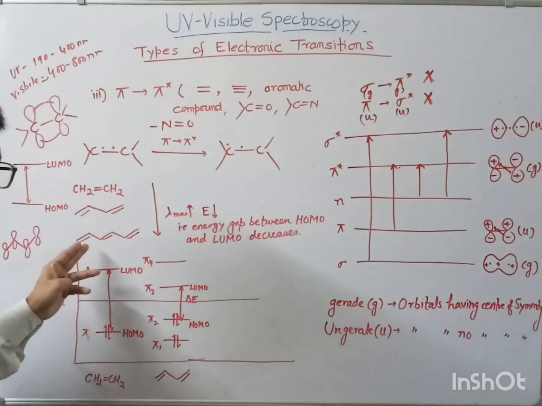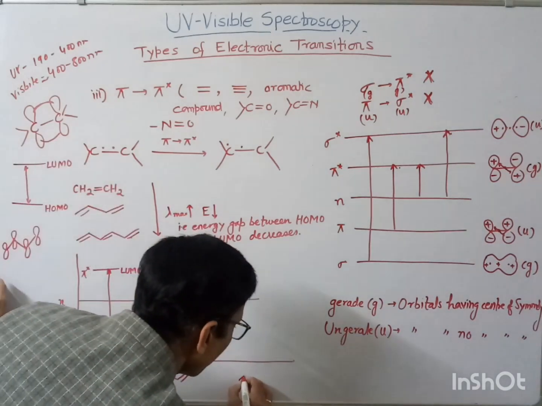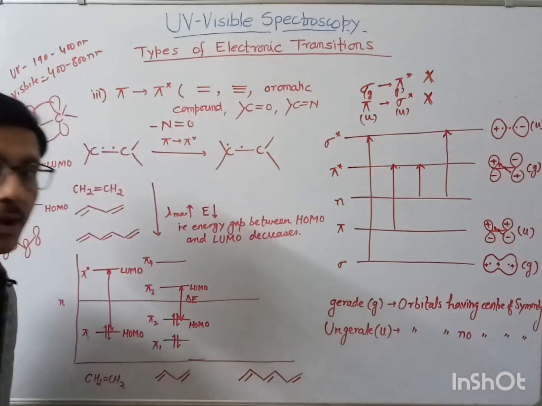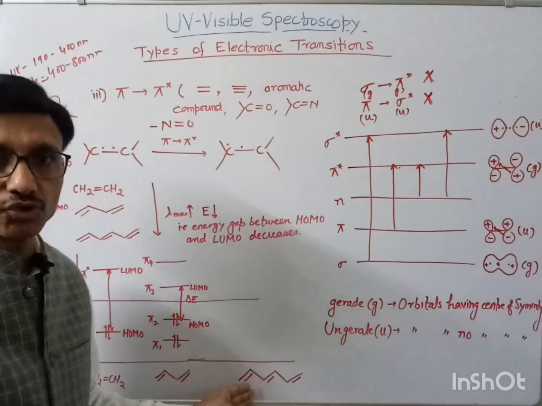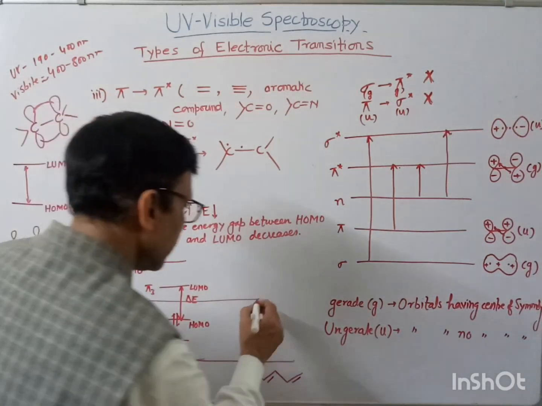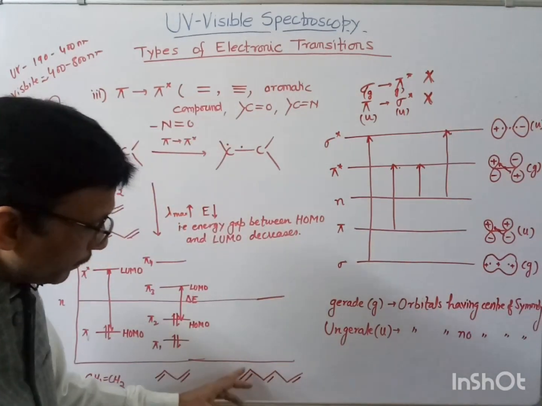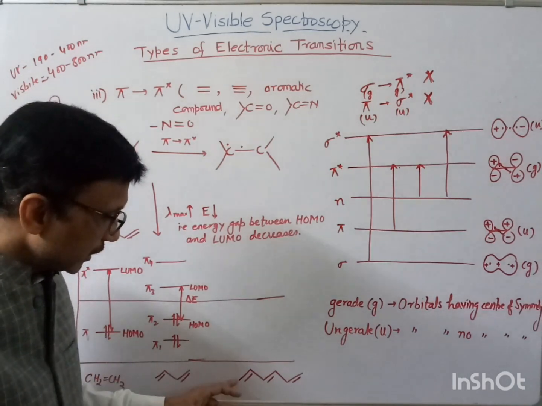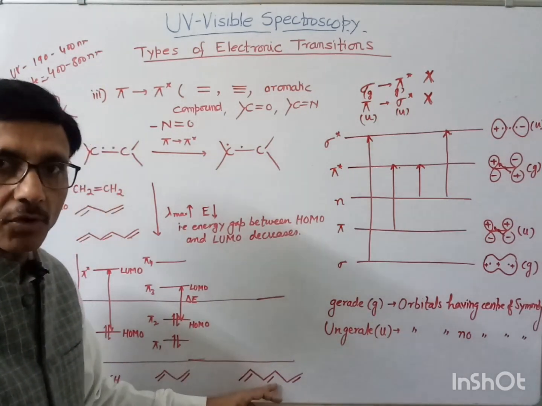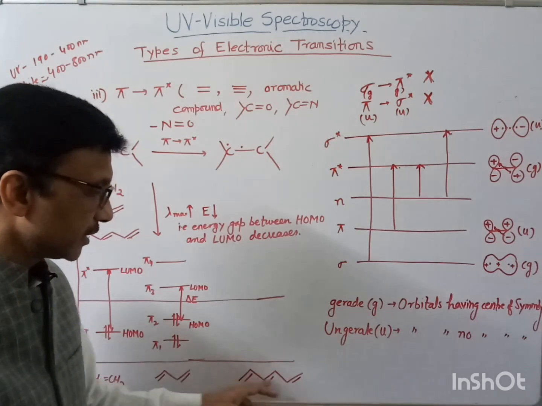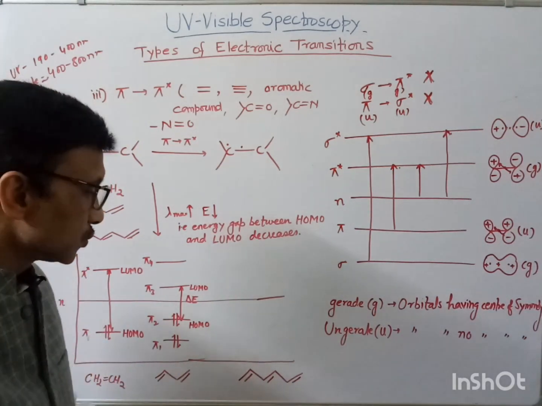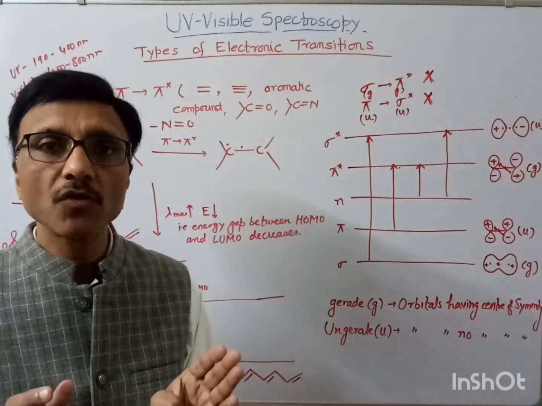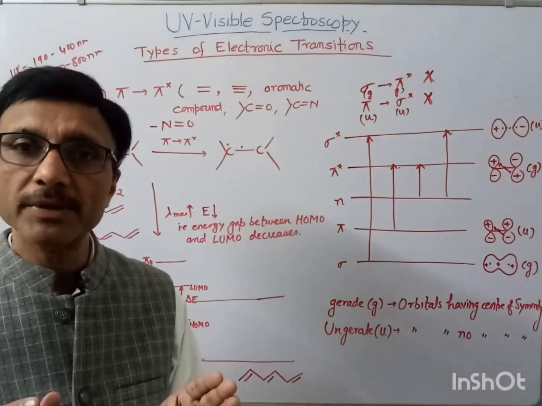In the same way, for hexatriene, 3 pi bonds are there in conjugation with each other. How many p orbitals are involved to form these 3 conjugated pi bonds? 6 p orbitals are involved. If 6 p orbitals are there, then the number of molecular orbitals formed will be 6.